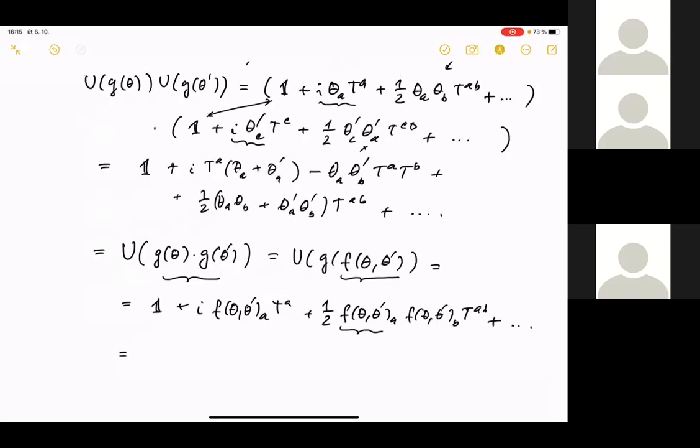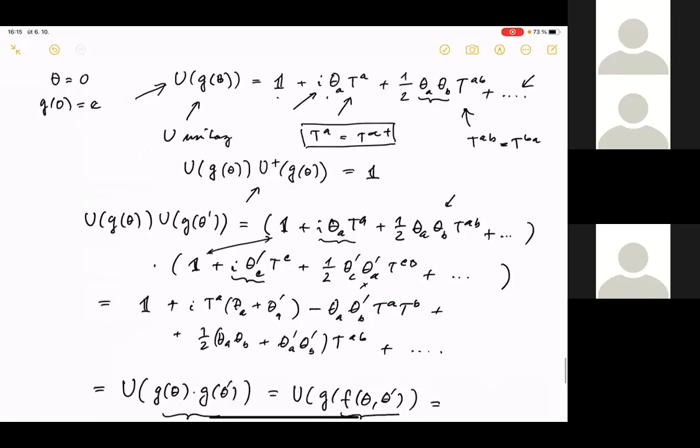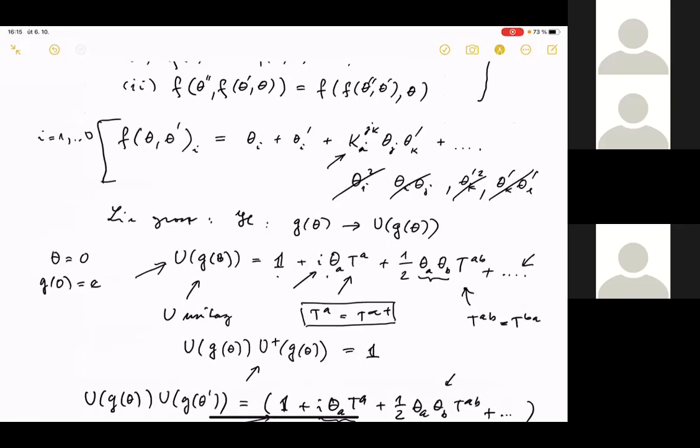And now we can Taylor expand this F, and we have here the corresponding expansion.